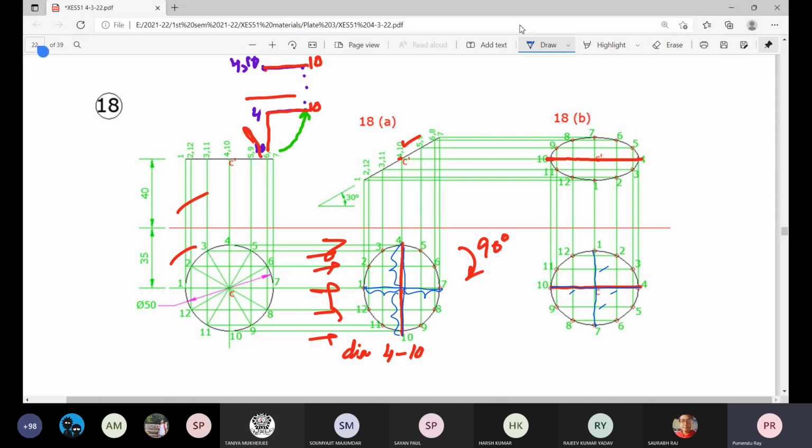Next thing we do, from this line 4-10 travel perpendicular by this much distance, and from this reference line move perpendicular to this line by this much distance, and in that way we can get the location 5. Similarly for 6, this perpendicular, we get location 6.